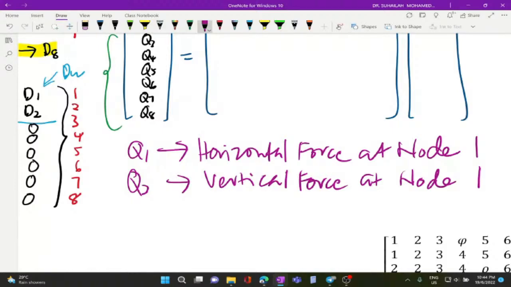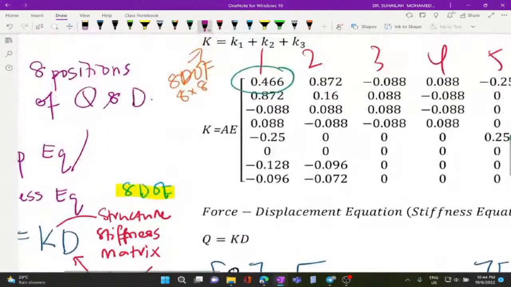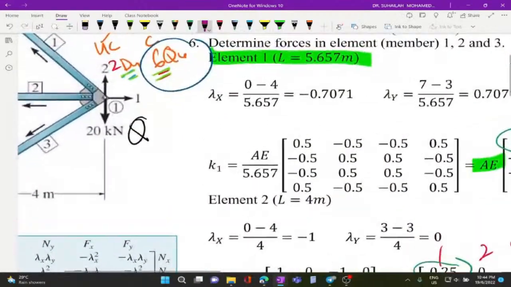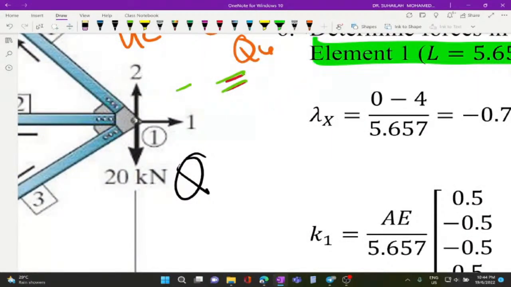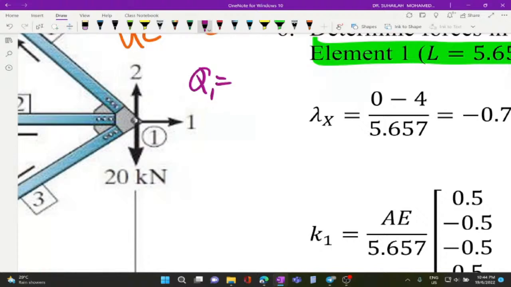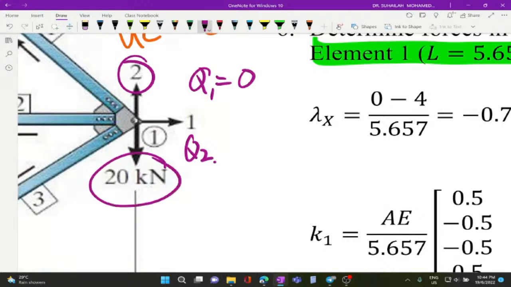So what is the value? Please look back at the diagram. At position 1, there is no Q1. It is equal to 0. What about Q2? It is a vertical force, so it will be equal to negative 20 because it is opposite to the sign convention.